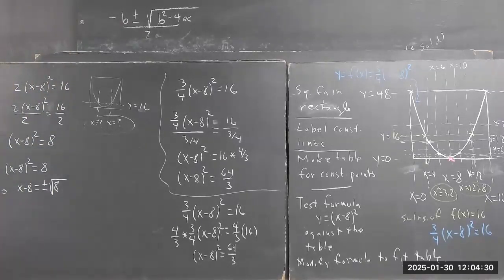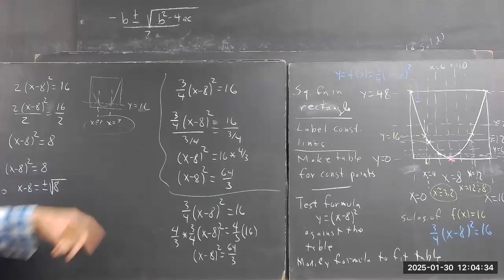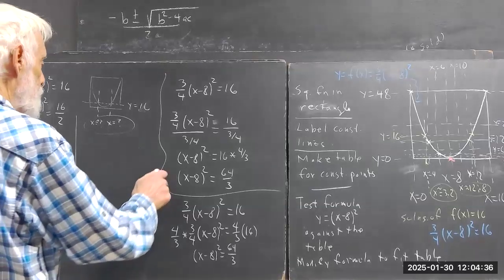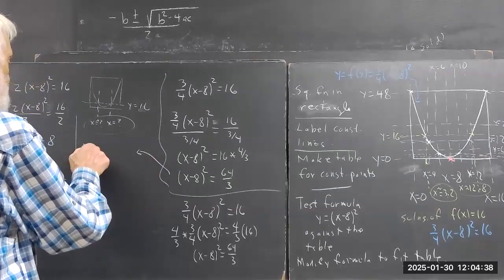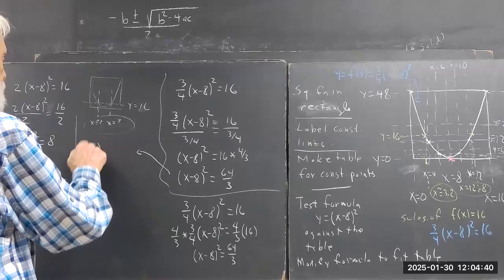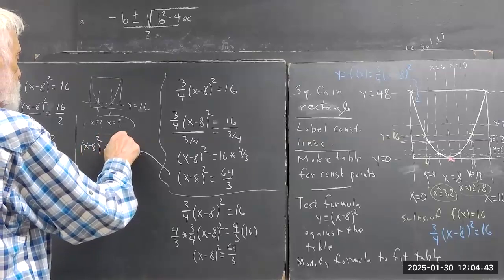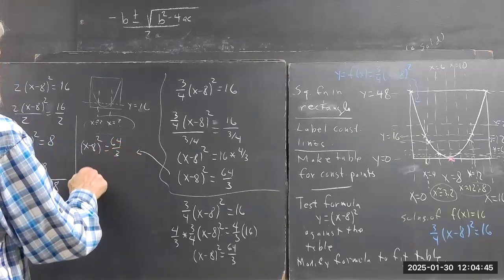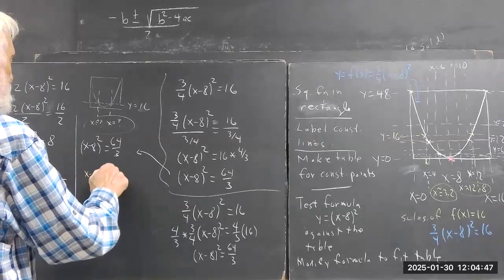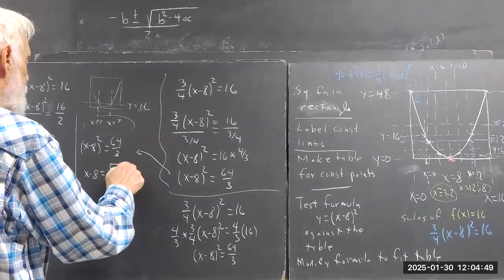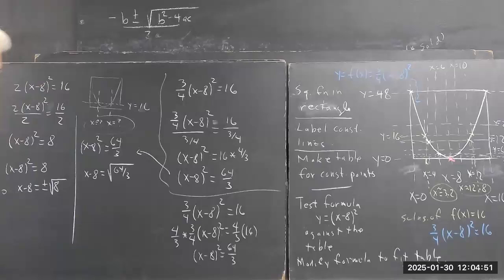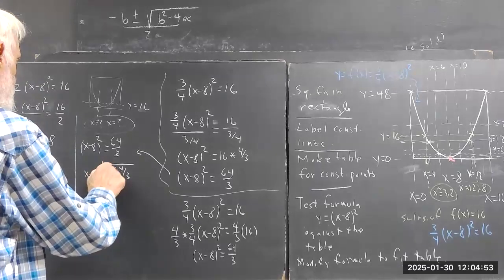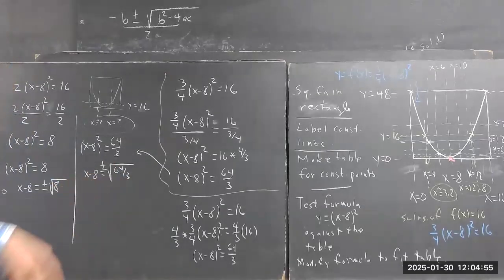So you want to just know that that's the case. Either one of these leads you to x minus 8 squared equals 64 over 3, and you get x minus 8 equals plus or minus the square root of 64 over 3.